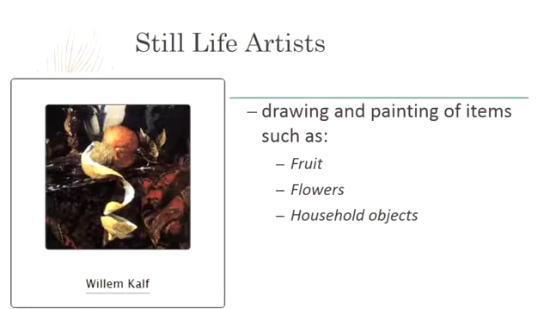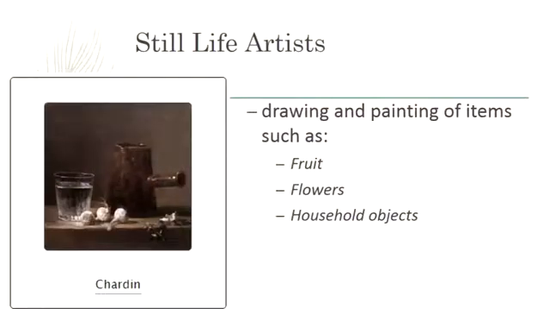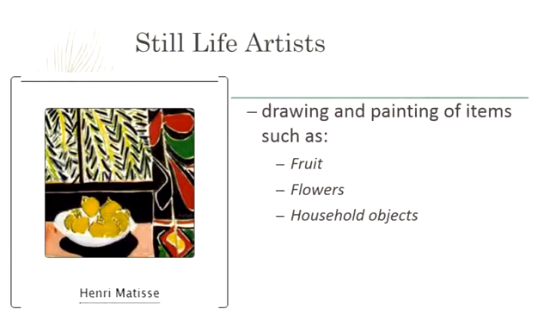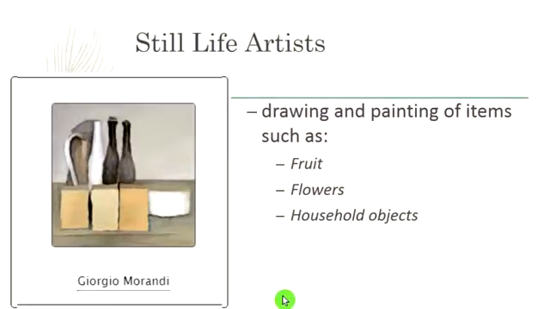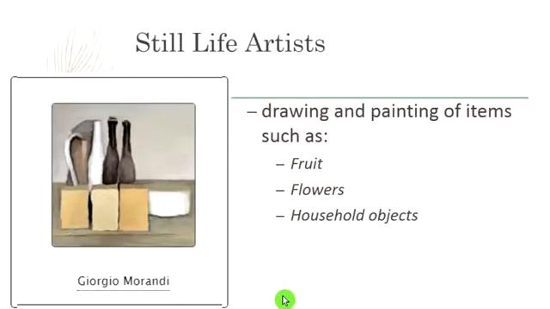These are examples of paintings by William Claesz Heda, Harmen Steenwijck, Chardin, Juan Gris, Henri Matisse, and Giorgio Morandi. These are the examples of still life artists that we are going to discuss in this entire semester.